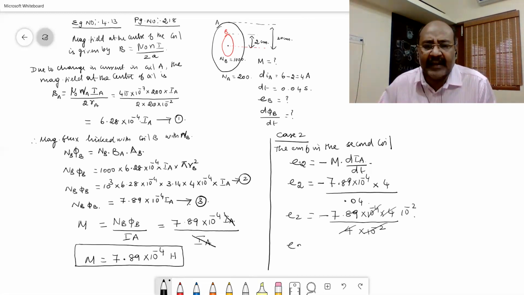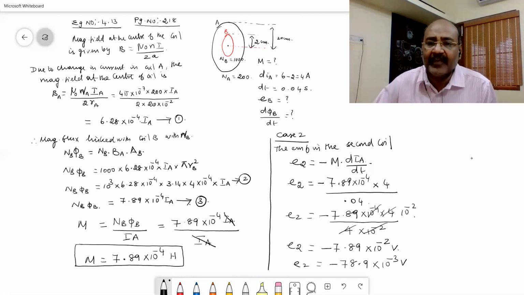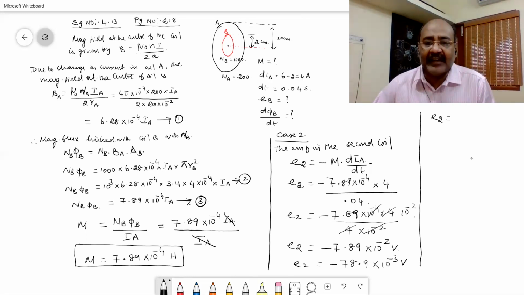On simplifying, E2 equals minus of 7.89 into 10 power minus 2 volt, or this E2 can be written as minus of 78.9 into 10 to the power of minus 3 volt. Or we can write E2 equal to minus of 78.9; when you remove that 10 power minus 3, you get it in millivolt.